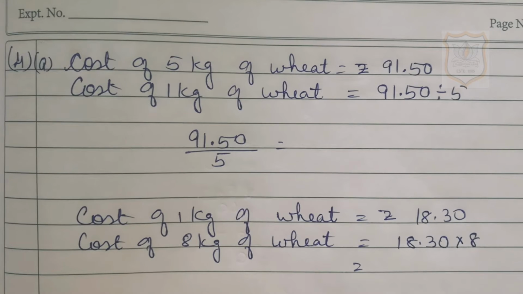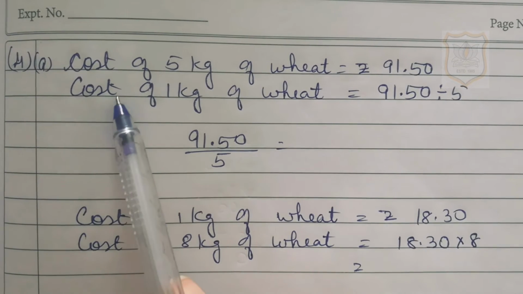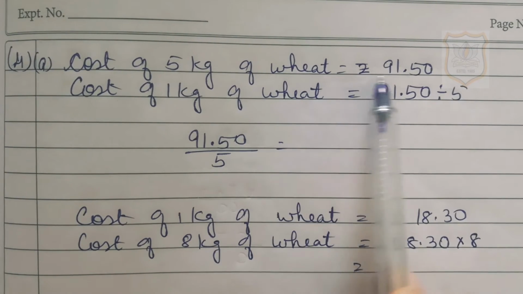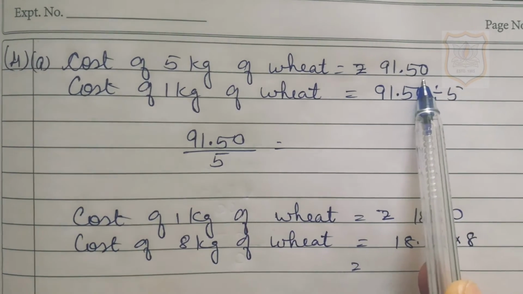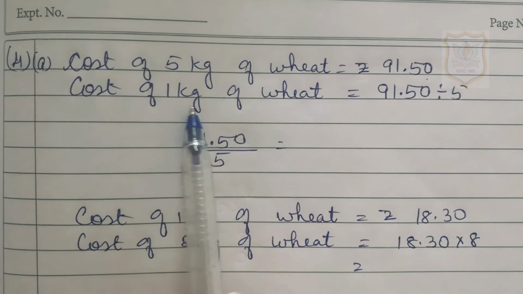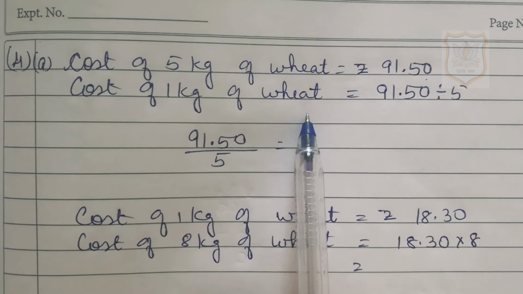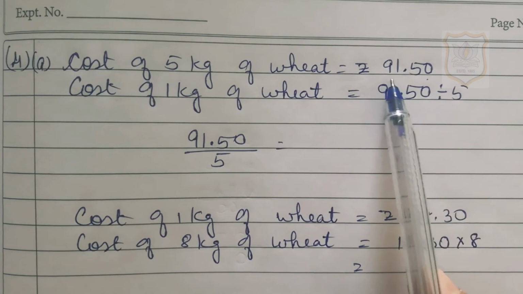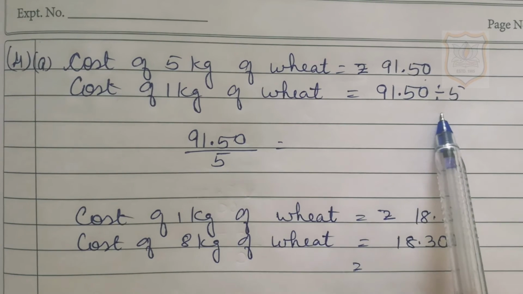First we will solve A part of question number 4, where we have to find out the cost of 8 kg of wheat. So cost of 5 kg of wheat is rupees 91.50. It's given in the question. To find out the cost of 8 kg of wheat, first we will find out cost of 1 kg of wheat. To find that, we will divide 91.50 by 5.